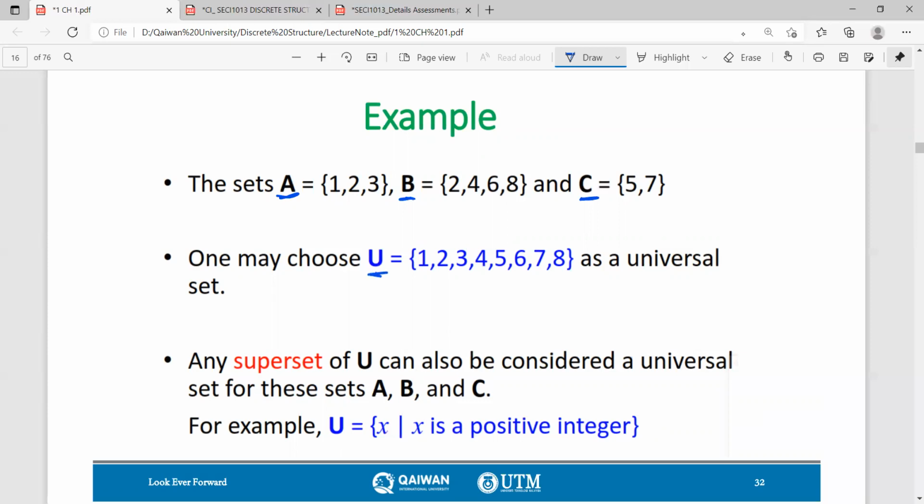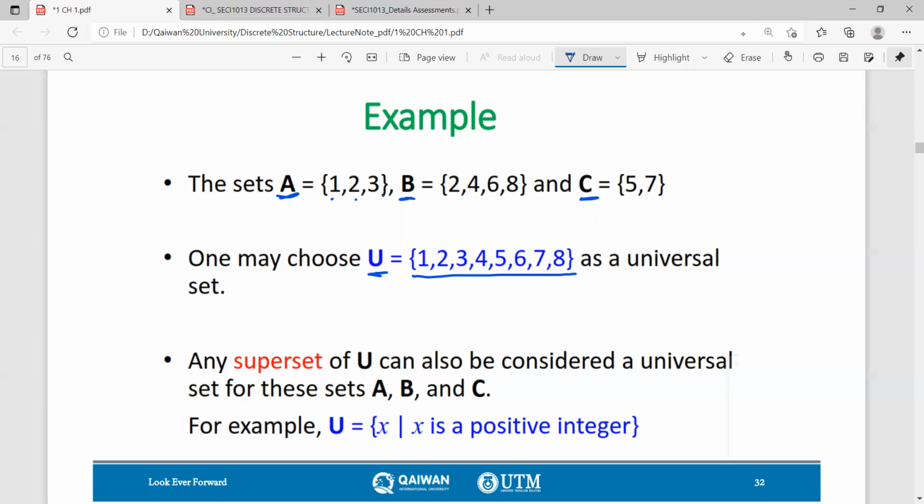Here we choose U to be 1, 2, 3, 4, 5, 6, 7, and 8. This is a universal set for these three sets. As you see, A is 1, 2, and 3. It's a subset of U. B is also a subset of U. C is also a subset of U. Here, the universal set for these three sets is this set.